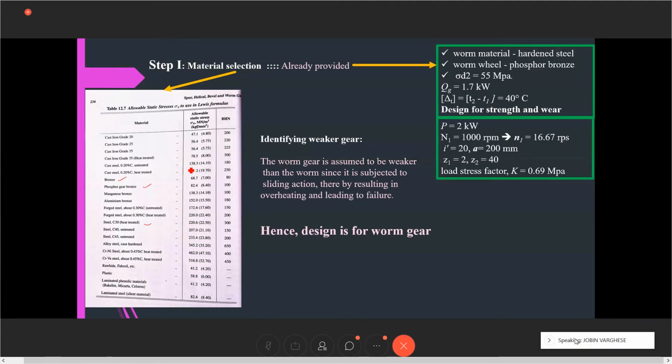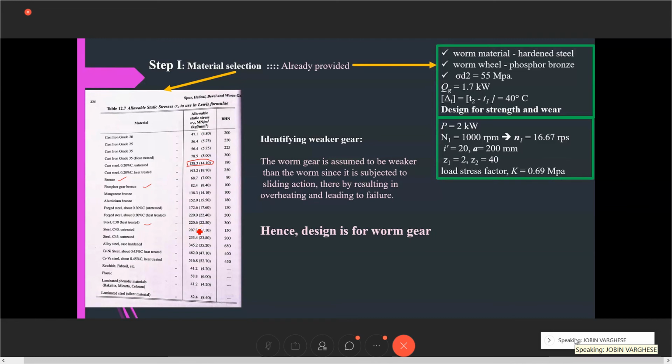We will select sigma d based on the material. We always compare the static stress with the calculated stress. If the calculated stress is greater than the static stress, obviously it will fail. So depending on your application and the power to be transmitted, the material has to be selected based on the sigma d values.